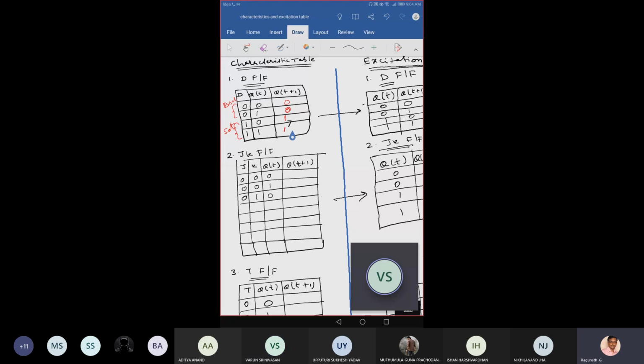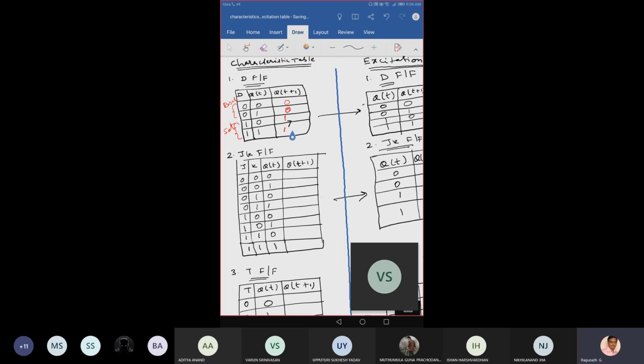Next, 0, 1, 1. Next, 1, 0, 0. Then 1, 0, 1. Then 1, 1, 0, and the last one is 1, 1, 1. Any doubts in the binary sequence? Students, do you have doubts?